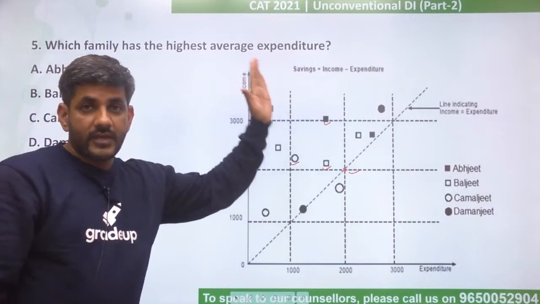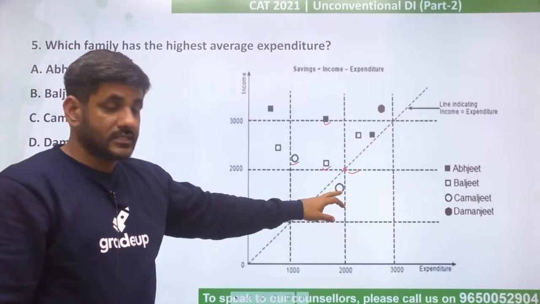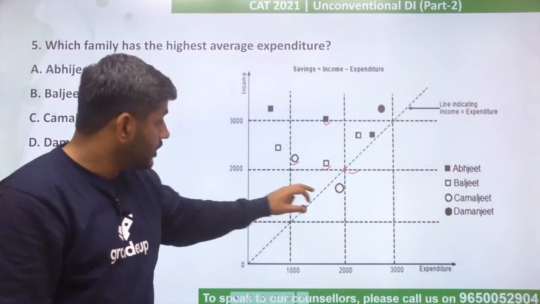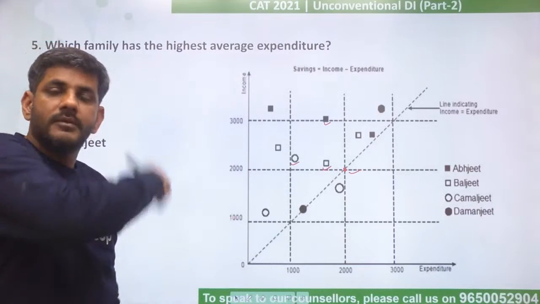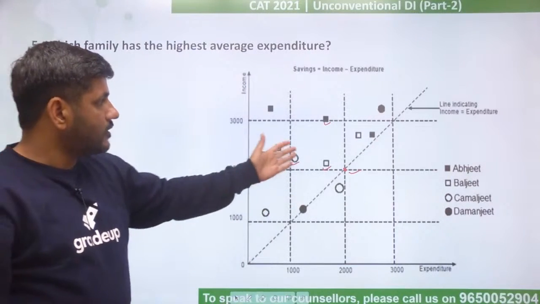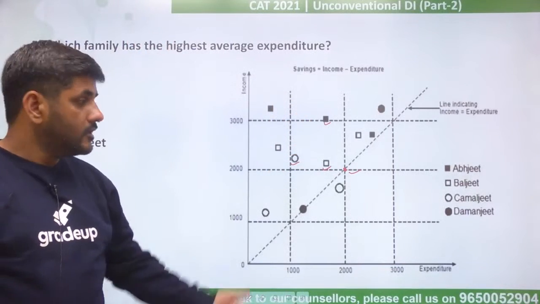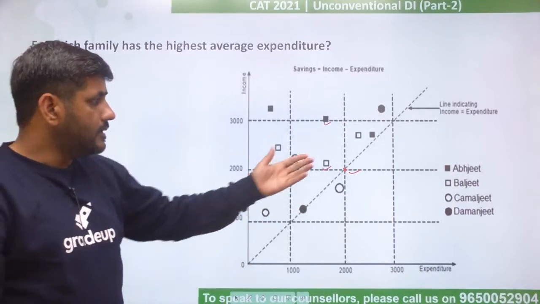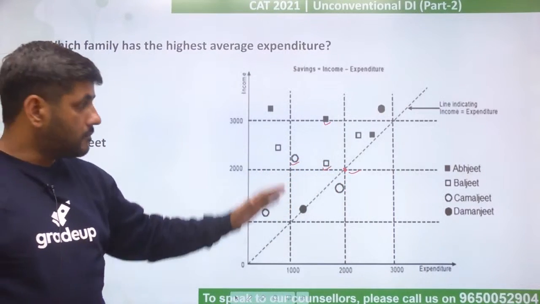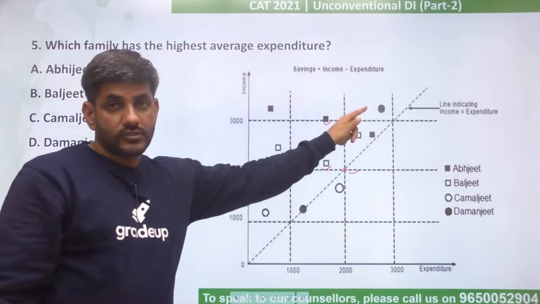Damanjeet's members are very close to the line of savings equal to zero. For Kamaljeet, although one saving went negative, the other two people are so far from the line that the overall average would be high. Similarly, the other three are all above, so for them it is high anyway. There can be confusion between Kamaljeet and Damanjeet, but Damanjeet will win because one of them is zero and the other is almost zero.